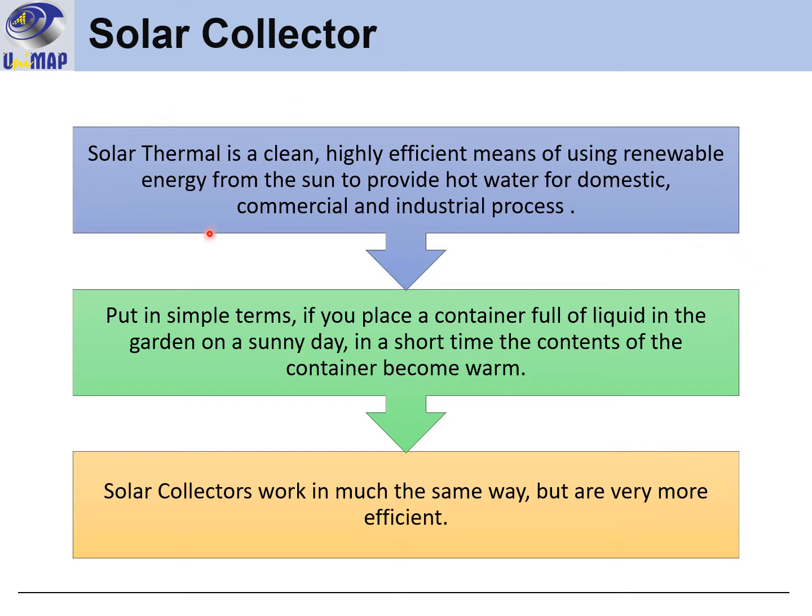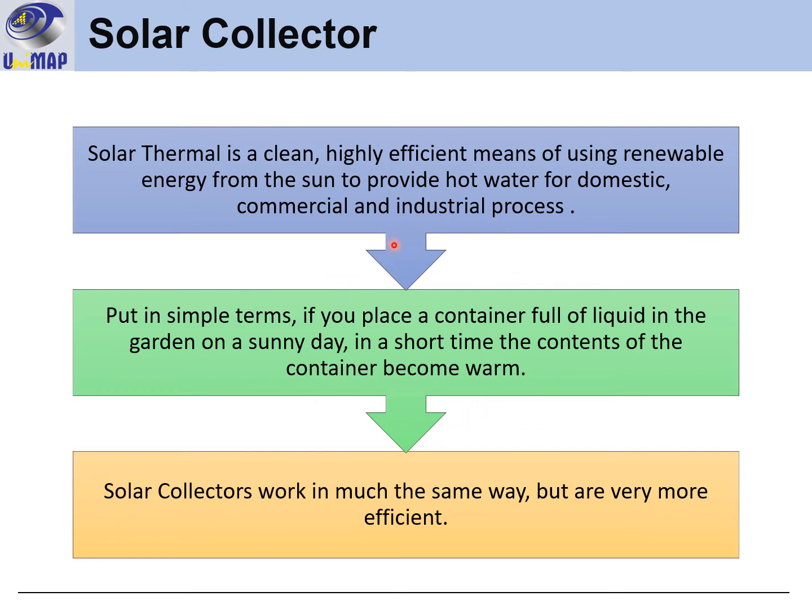So basically, as we mentioned before, solar thermal is the way we can use the energy from the sun to provide hot water and heating for domestic, commercial, and industrial processes.